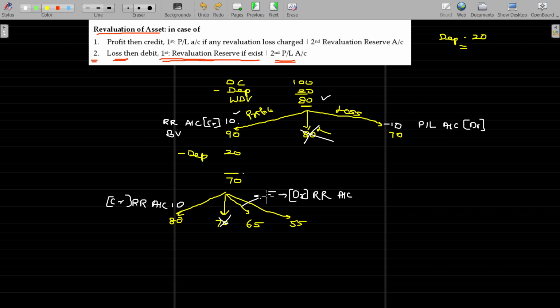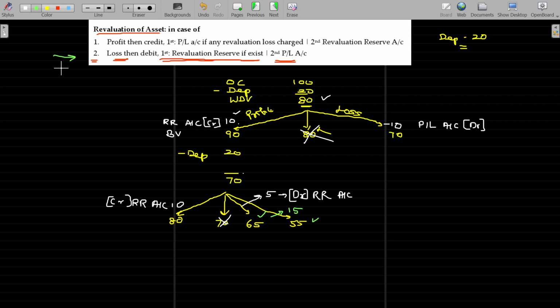In this case, if the value being 55, we are subtracting how much? Almost 15 rupees. Am I right? So you are subtracting 15 rupees. When there is loss, 65 is also loss, 55 is also loss. When the loss is 15 rupees, 70 to 55, what do you have to do? Apply this rule. When there is a loss, debit first of all in the revaluation reserve to the extent of revaluation reserve availability if it exists.